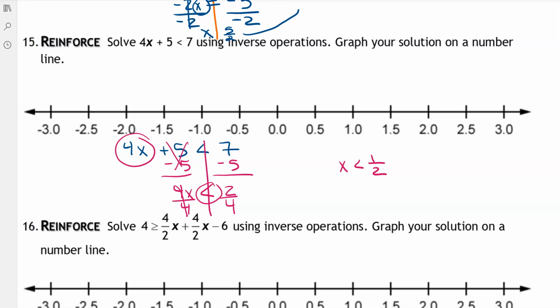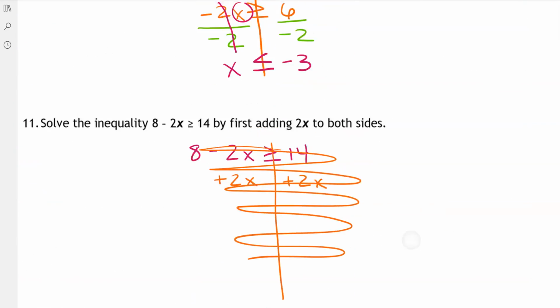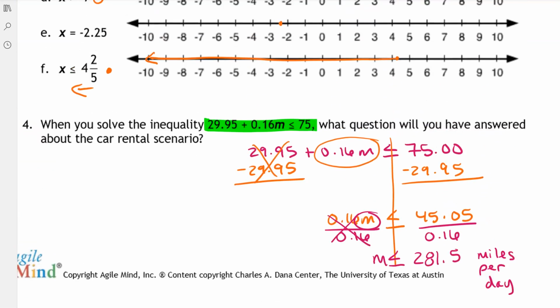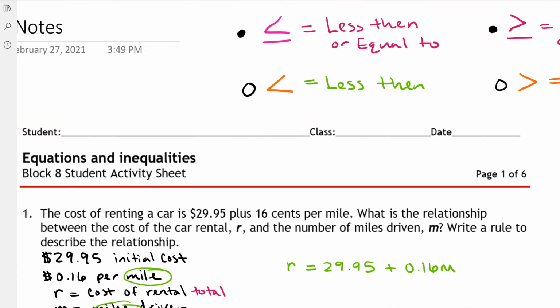And we know that 1/2 can be written as 0.5. So I'm going to find 0.5 here. And remember, what type of a dot are we going to use? Well, if you don't remember, we can go back to the top of our notes with the less than symbol. Less than is an open dot.